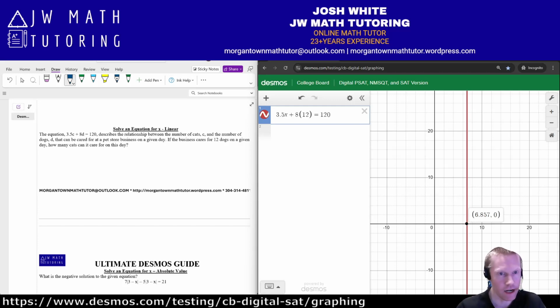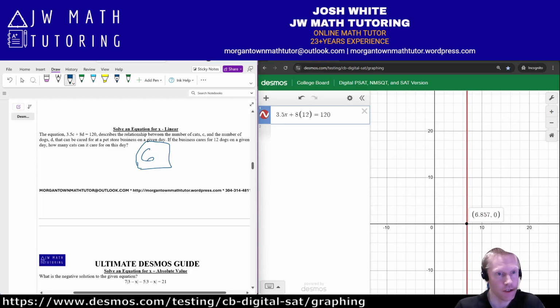So the correct answer for this question would technically be 6. Notice it can't be 7 because if you plugged in 7, the values would be too many. It would be more than 120. So you have to round down here to 6. And you can't have a decimal value of an animal. So don't worry so much about that part of this problem.